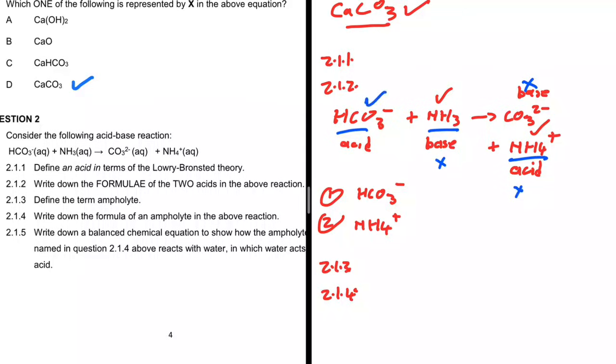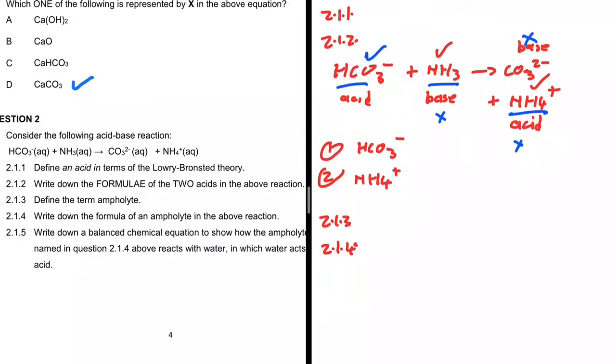HCO3 minus is an acid, but it can also act as a base. How can it act as a base? Take a look at this. H2CO3 plus H2O can give us H3O plus and HCO3 minus. No issues arise whatsoever.